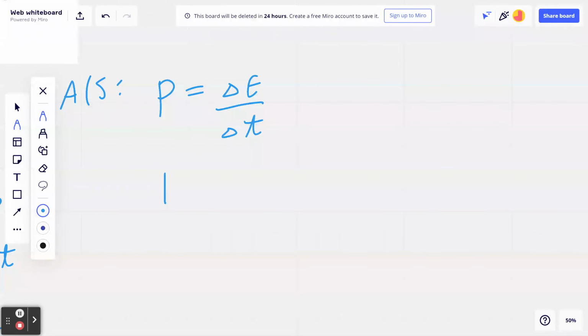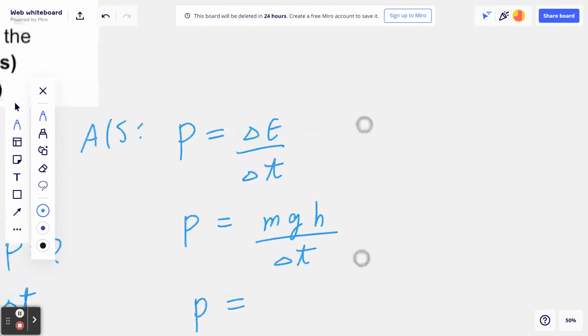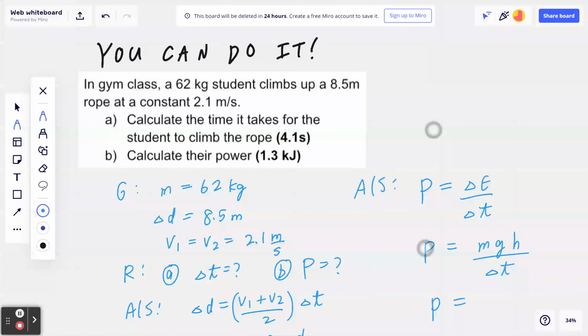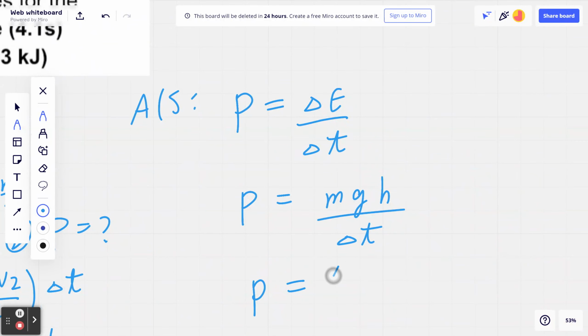And of course, if you look at the context of this question here, the change in energy is really, in this case, potential energy, which is m times g times h divided by t. And again, if you go back to the given, we know m is going to be 62 kilograms.